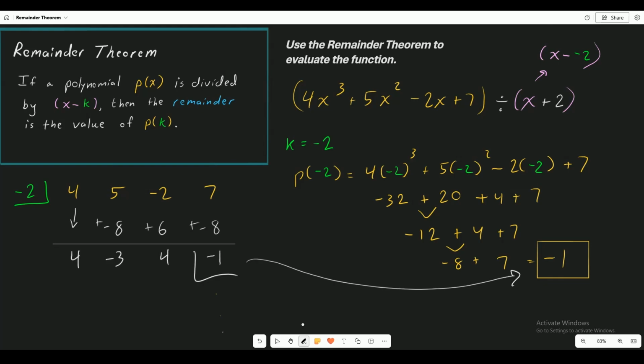So instead of x plus 2, it was x minus negative 2. That means our k value is negative 2. A lot of times students will see this and immediately assume that k is equal to 2. That's not the case, okay? It has to be in the form x minus k, which means that our true k value is negative 2. So just keep that in mind.